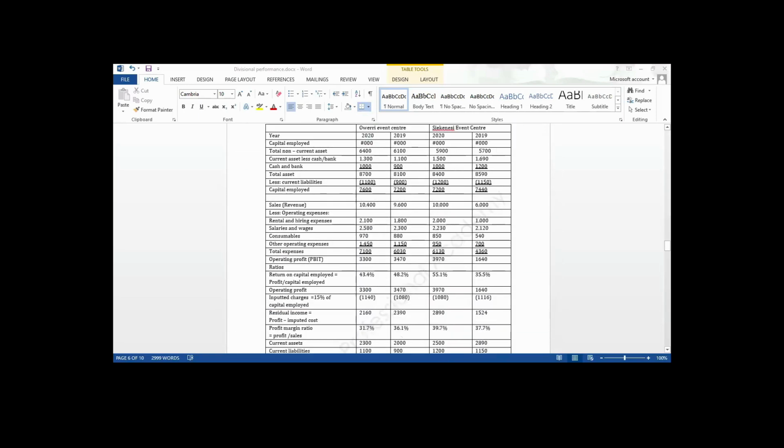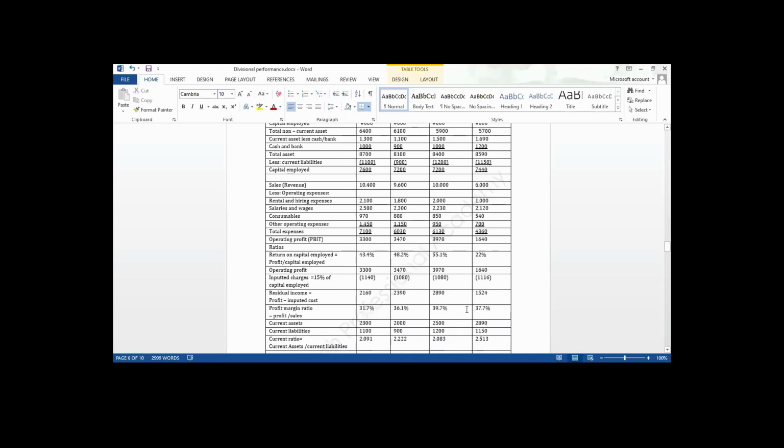So this must change then. Yes. So it gives us 22.04: 1,640 divided by capital employed 7,440. That's 22%. So this will change.